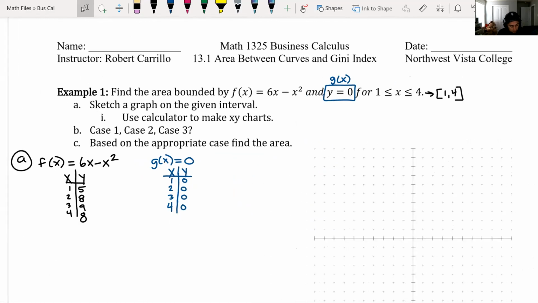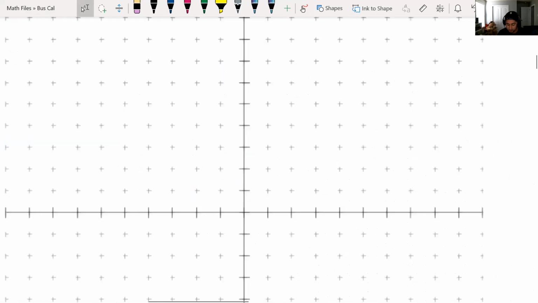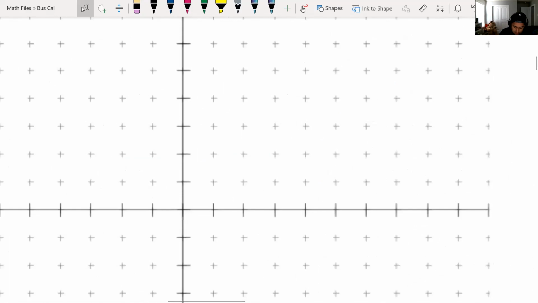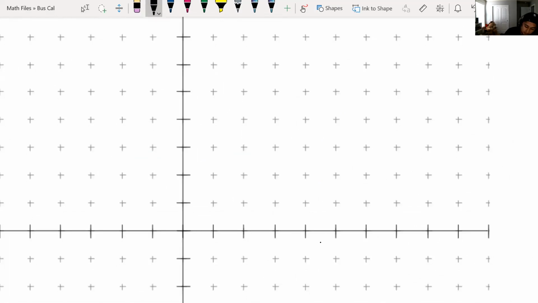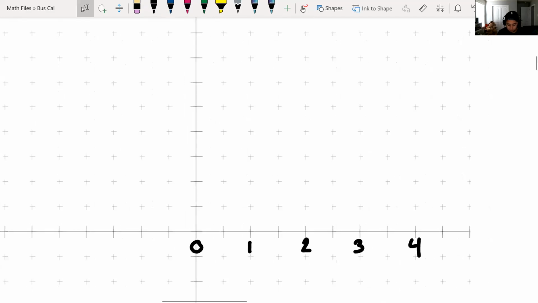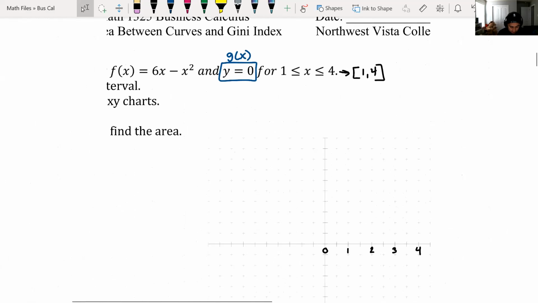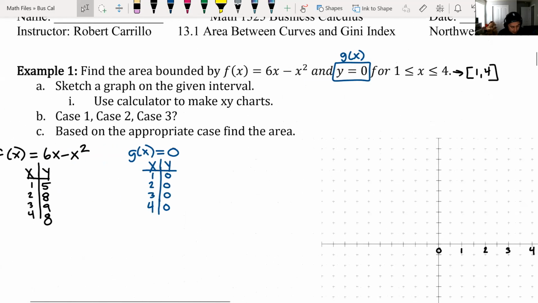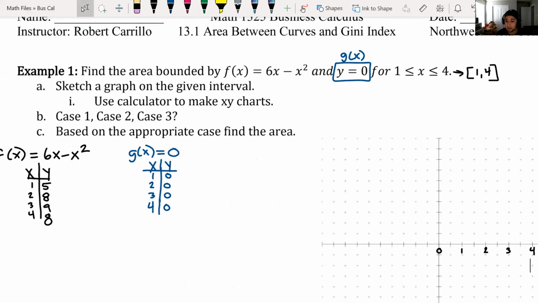Okay, so we're going from 1 to 4 on the x values. So that means on my graph, I can skip my intervals. So I can say this will be 0, 1, 2, 3, 4. And then the y values I have are 5, 8, 9, 8.